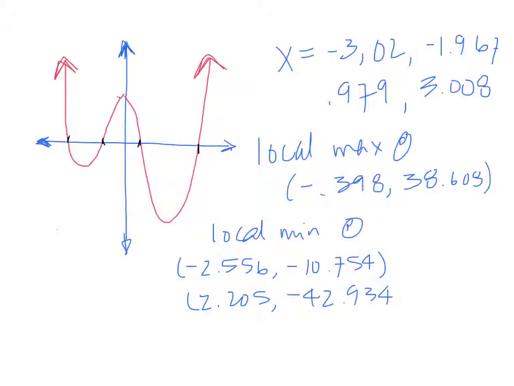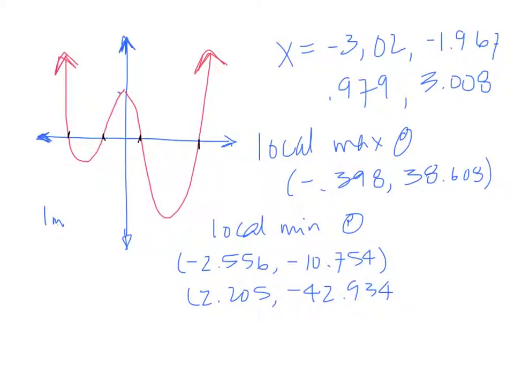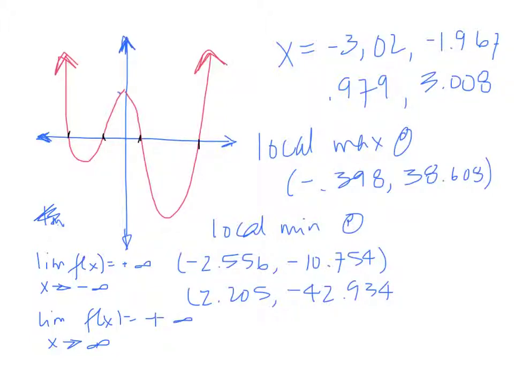So, the limit as x goes to negative infinity, f of x approaches positive infinity, and as x approaches positive infinity, f of x equals positive infinity. They're both going up.